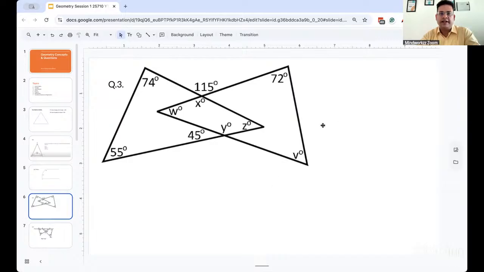You need to find the value of V in this question. We have done it in the class today, so people who are there in the class, it will be a revision for you. Try attempting it again and get me the answer.